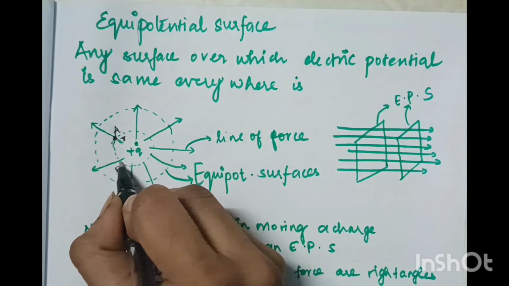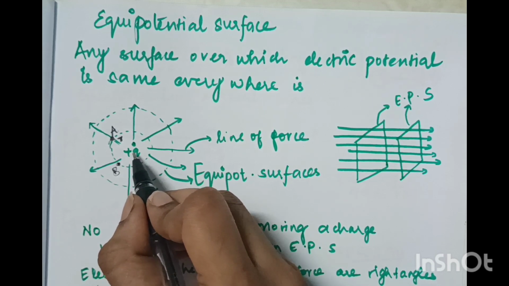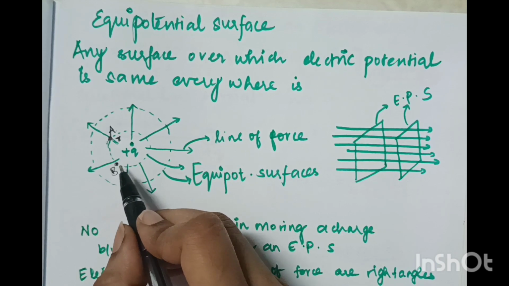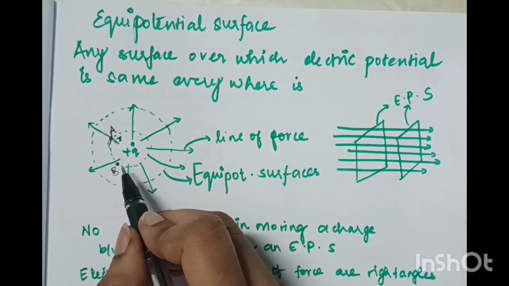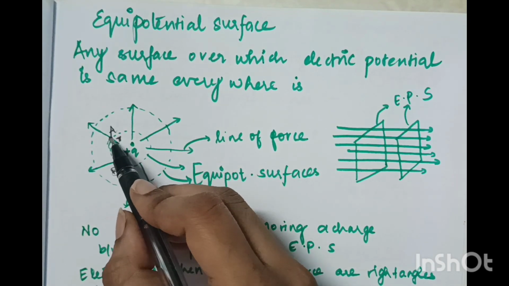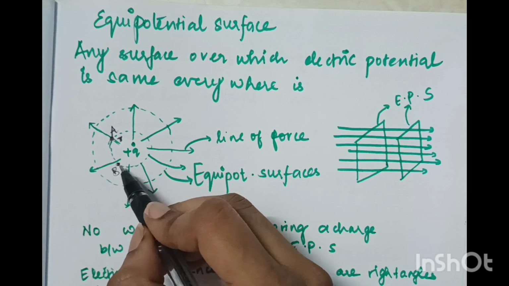Suppose this point we have taken as b, which is also at the same distance r from the charge. Then what will be the electric potential at the point b? It is also kq by r only. So we can say these two points have same potential.